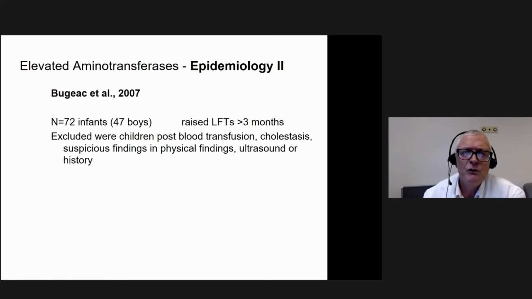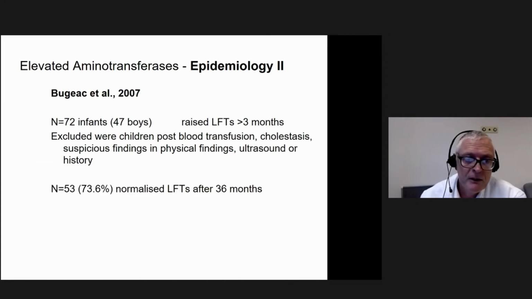He excluded all the expected suspects, all the children post-blood transfusion, the ones with known cholestasis or where history taking already suggested a problem, or when ultrasound had some dubious findings. So he did a good job, a good doctor's job. And he looked at the remainder. 53 normalized the LFTs with further waiting.